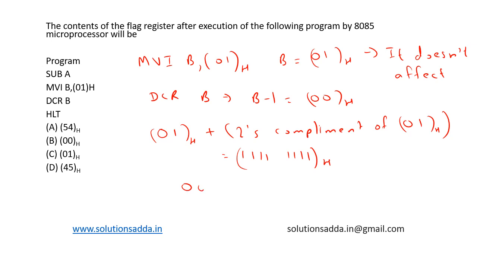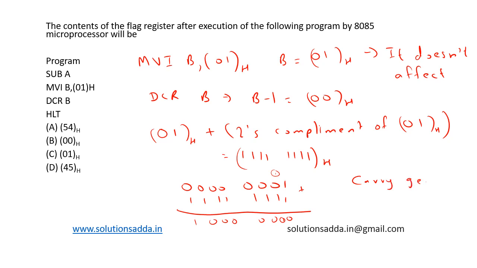So 00000001 plus 11111111. The result would be: 1 plus 1 is 10, which means 0 and 1 gets carried over. Same thing repeats. 00000000 and a carry gets generated.